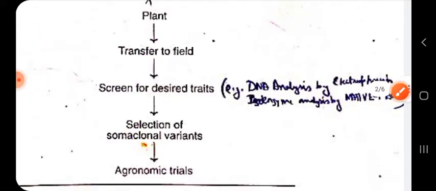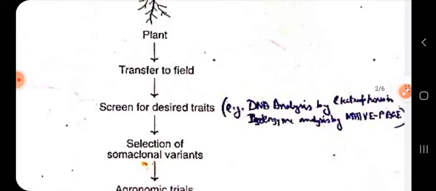With the help of the pore size present in that gel, we separate the proteins based on their size and molecular weight. In SDS-PAGE we use SDS to denature, to break the secondary structure of the proteins and make them linear. But in native PAGE we retain that structure, and we go for isoenzyme analysis to observe whether certain changes have occurred in that plant compared to the mother plant.